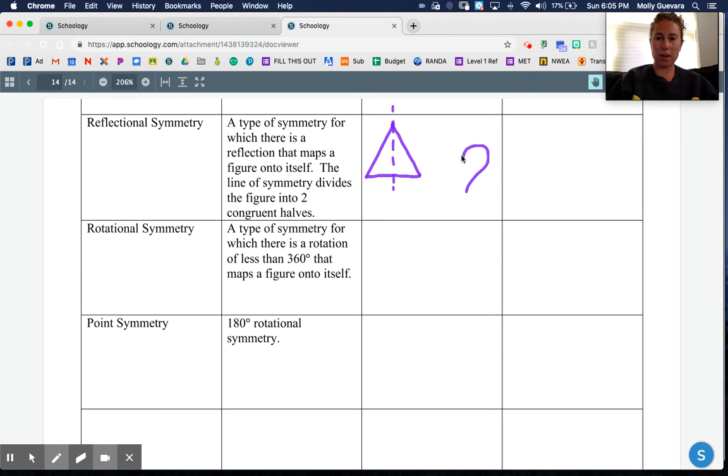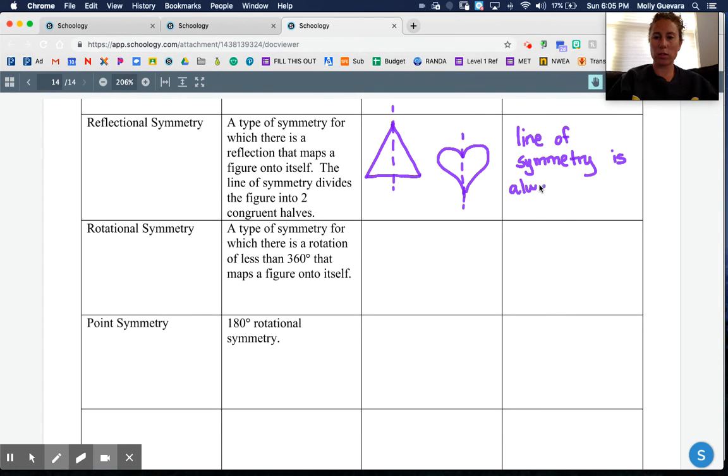Same thing if I have a little heart, right? I have reflectional symmetry, and there's one line of reflection. The only thing we want to make a note of here is that the line of symmetry is always a dashed line.